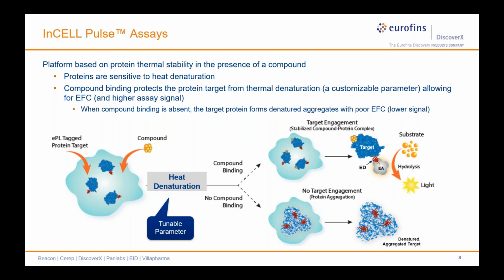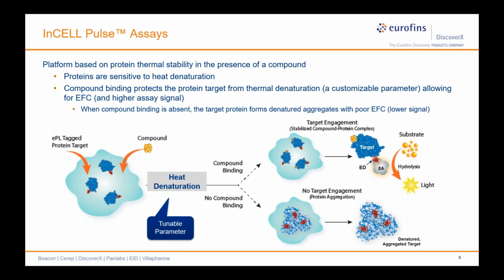A heat denaturation step is then applied. If compound binding occurs and stabilizes the EPL tagged target protein, we then have native protein at the end of the assay, which can complement with the EA protein that's added along with cell lysis and the lumigenic substrate, and that gives us a signal in the assay.